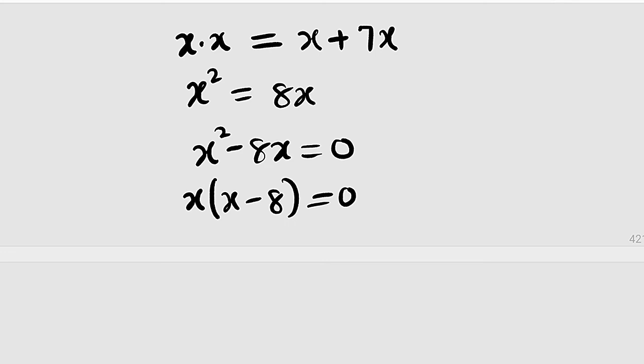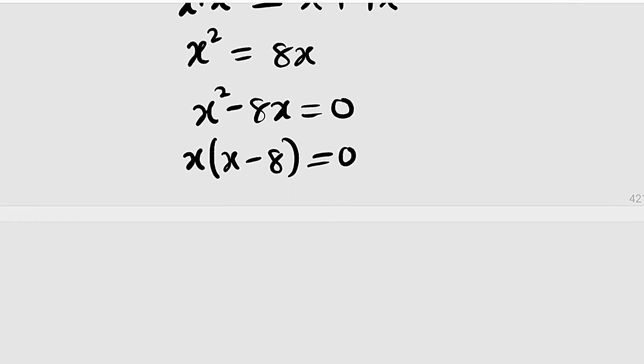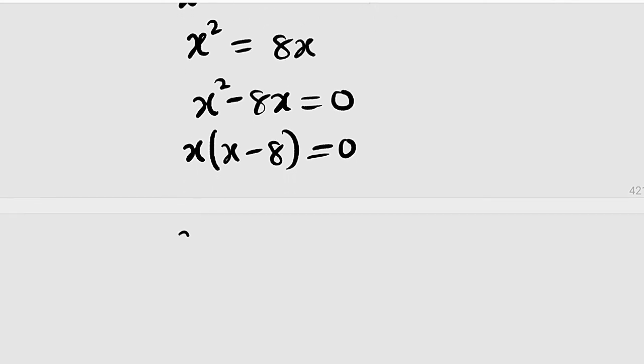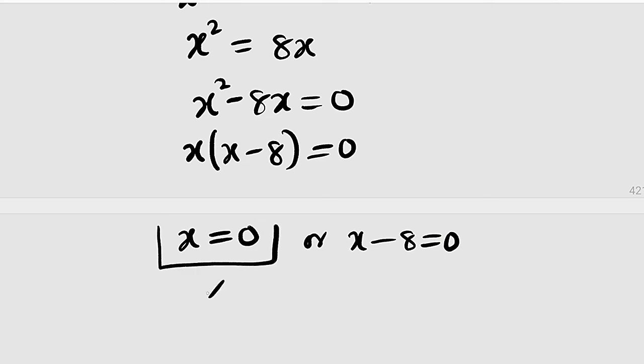Now that we have two factors multiplying each other and the result is 0, it implies that either X equals 0 or X minus 8 equals 0. But remember, they said non-zero. Therefore, we are going to discard this solution and consider this one.